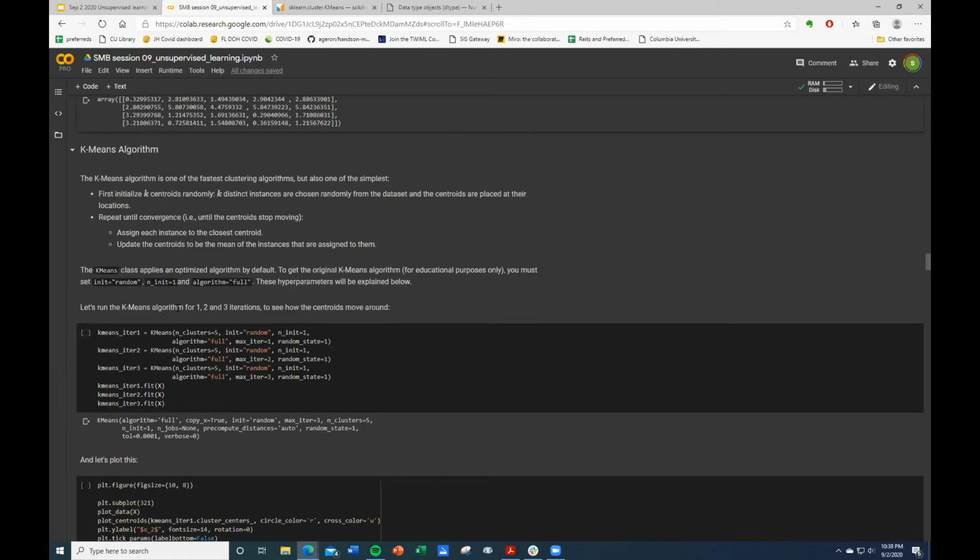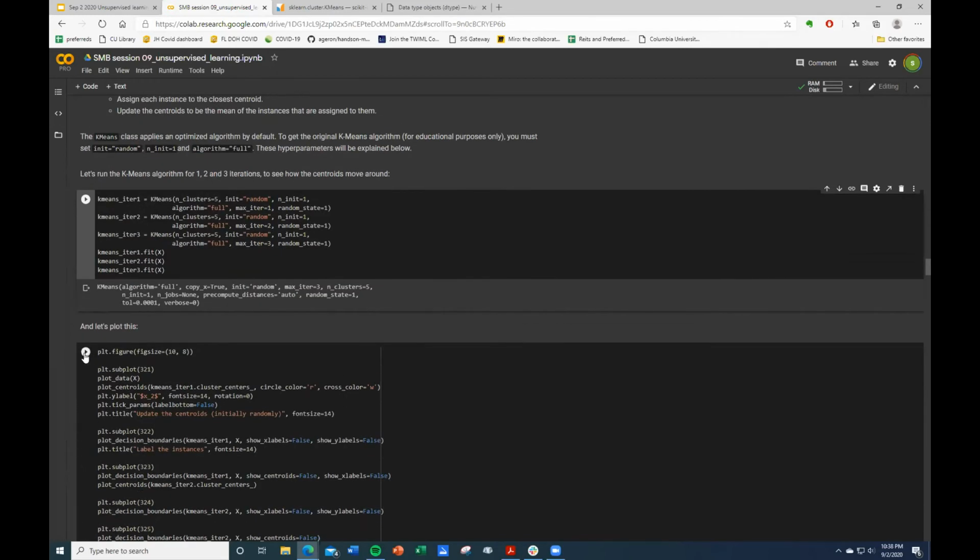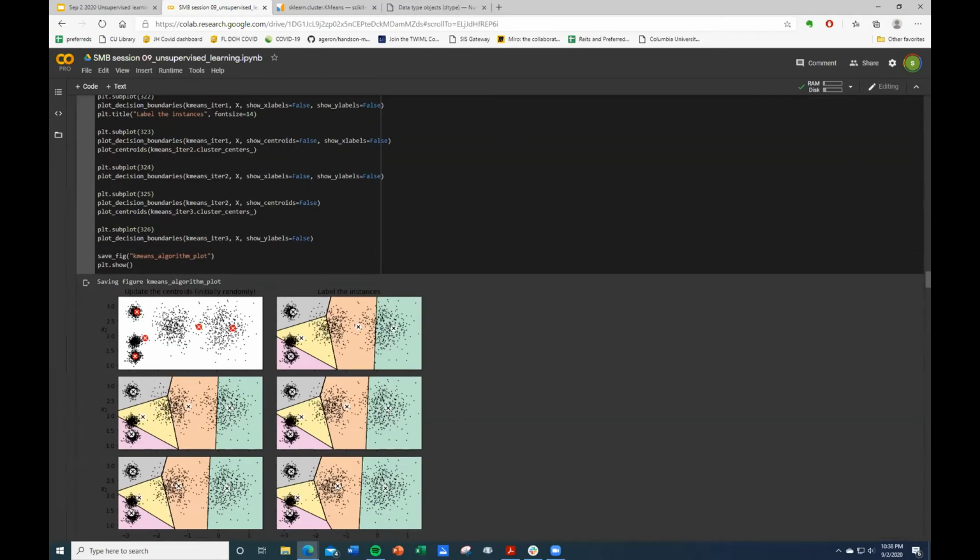So he runs it for 1, 2, and 3 iterations to see how the centroids move around. And here's the plot, which is kind of cool. This is fun. So here's where we start, okay?